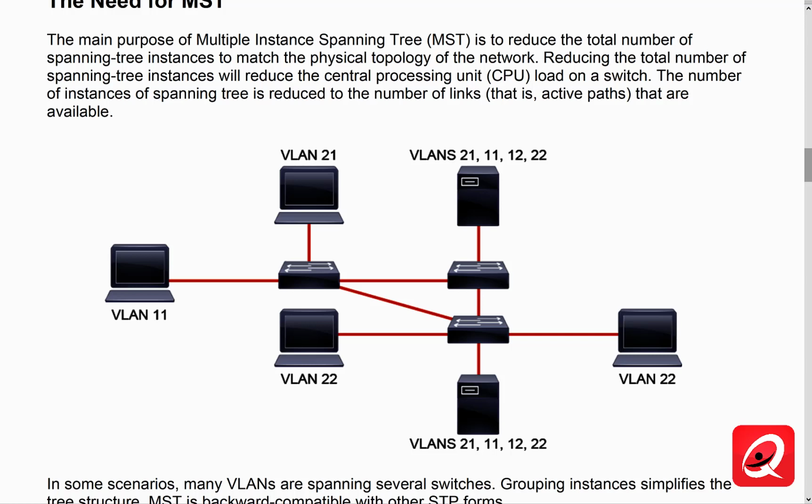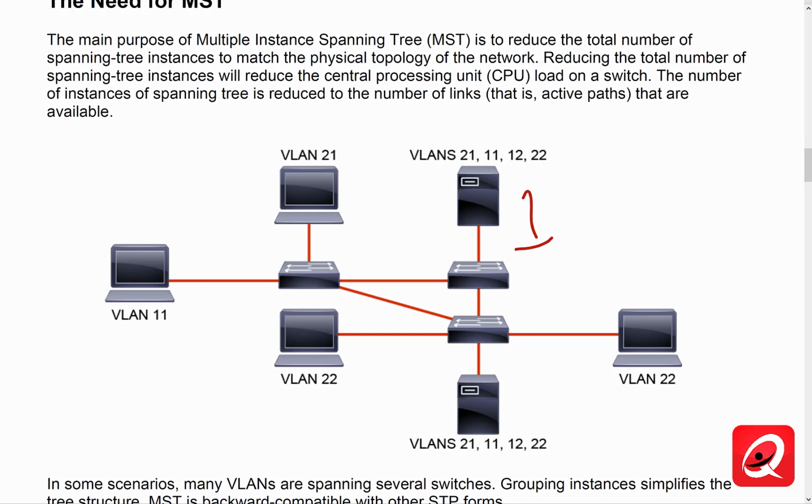So what they did with multiple spanning tree is they said, you know what, let's create a scenario in which we don't run spanning tree per VLAN, but we run spanning tree per instance. Rather than creating a spanning tree topology per VLAN, we will create two instances. We'll create instance number 1 for this switch and instance number 2 for that switch.